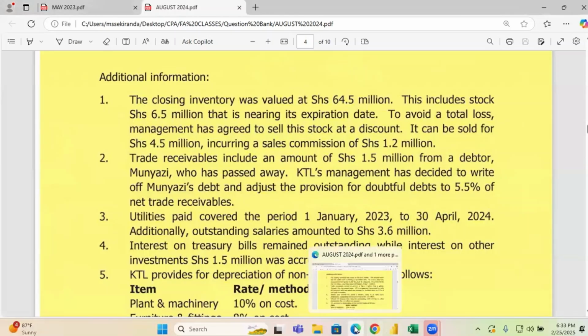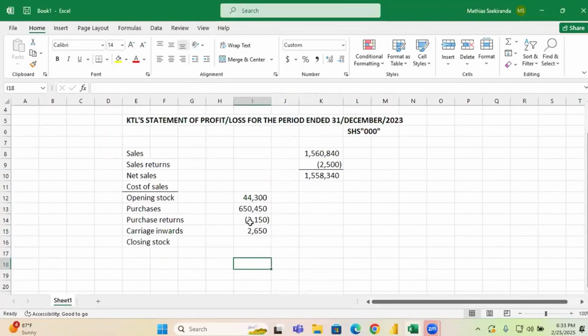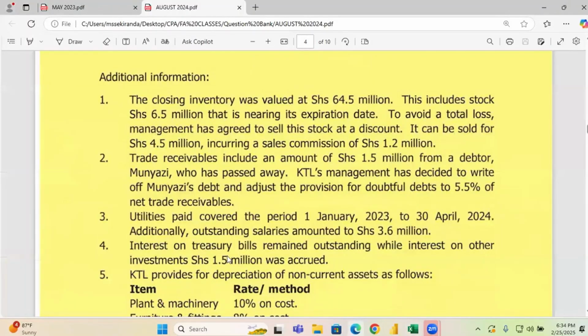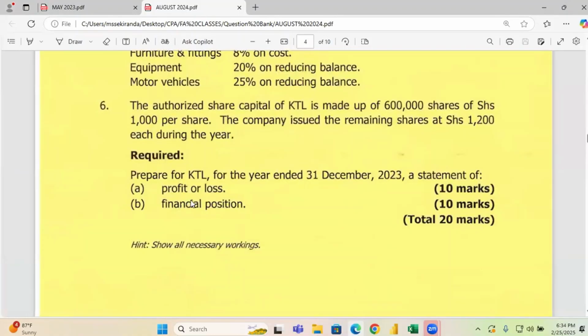So the examiner is saying, let us go to working number 1. Guys, I was advising those who study in physical classes, avoid combining your answers with computations and workings. If you are doing such a number that has profit or loss and balance sheet, leave at least 3 pages, minimum, but they can even be 4.